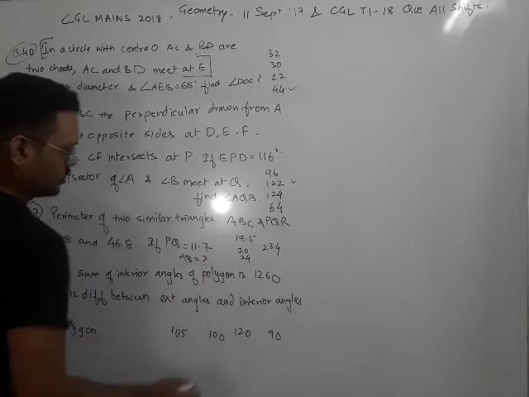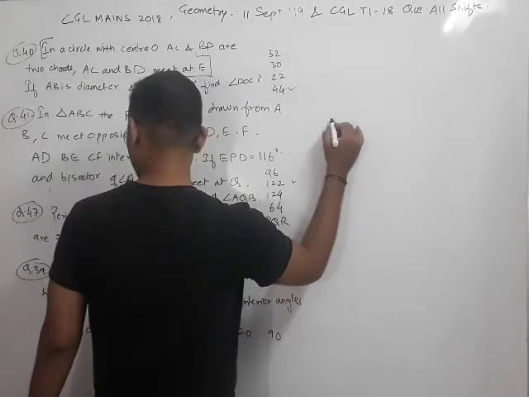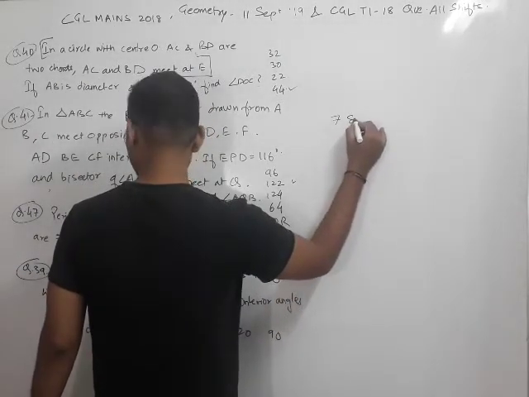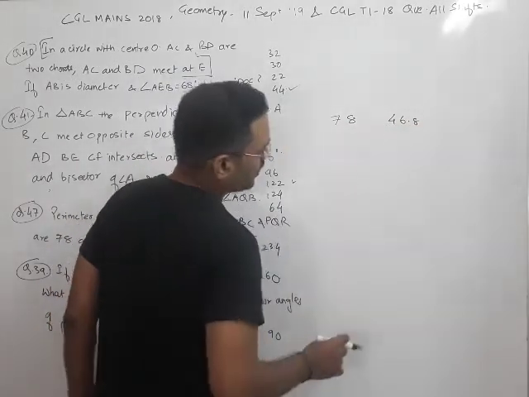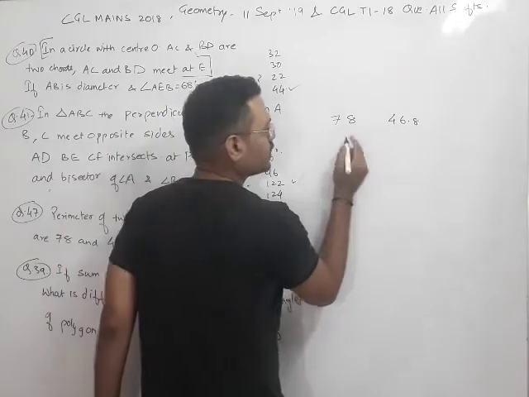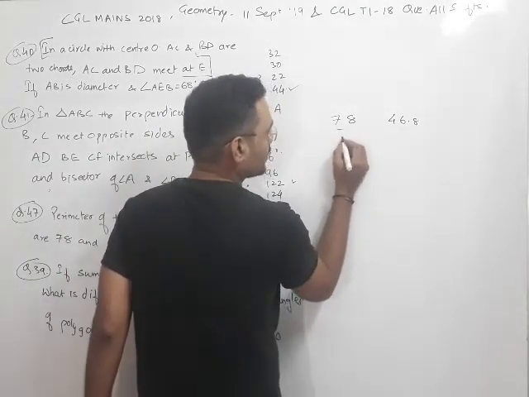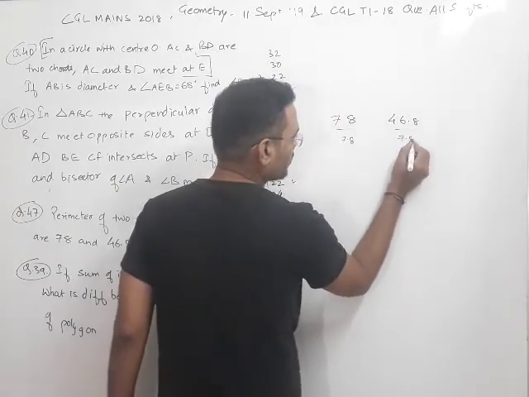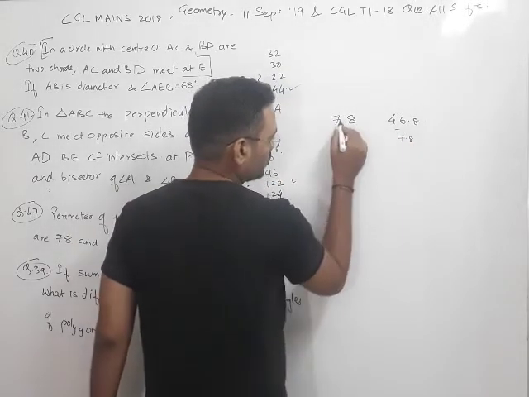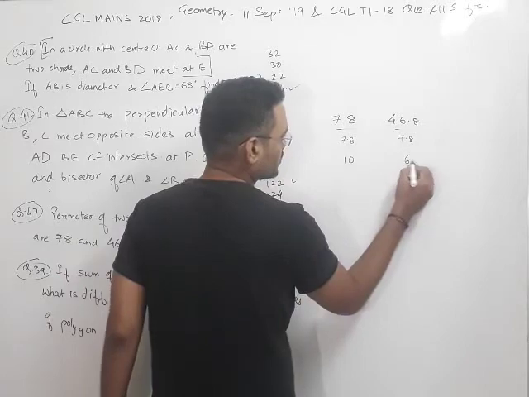AB is how much? In short, I will not take much time. 78 and 46.8. If you divide this by 7.8, you are getting a ratio. This is 10, this is 6.